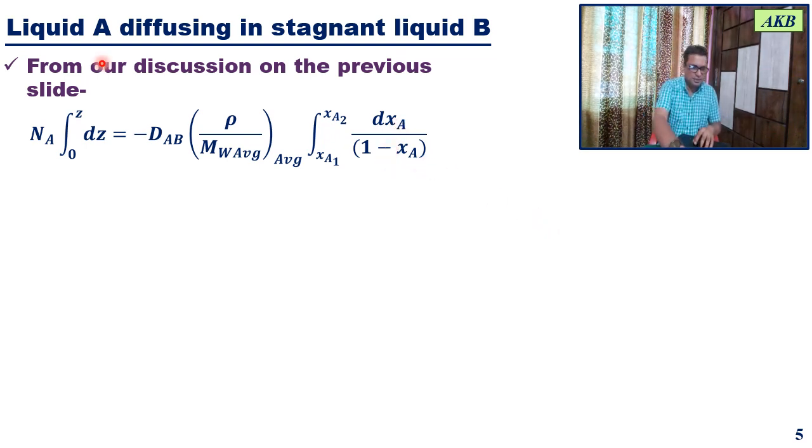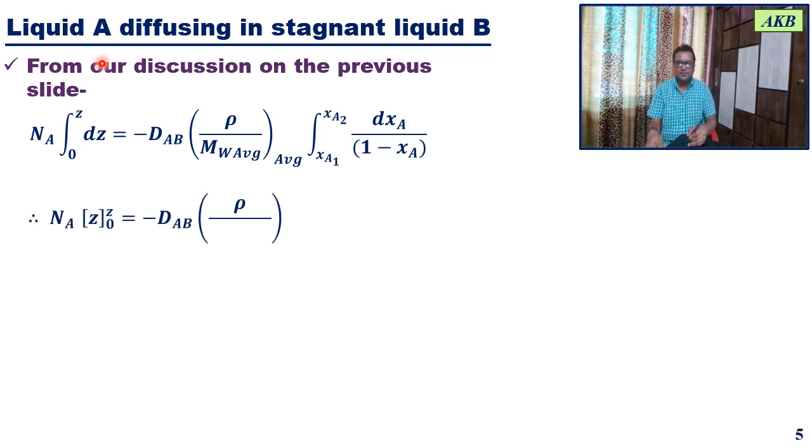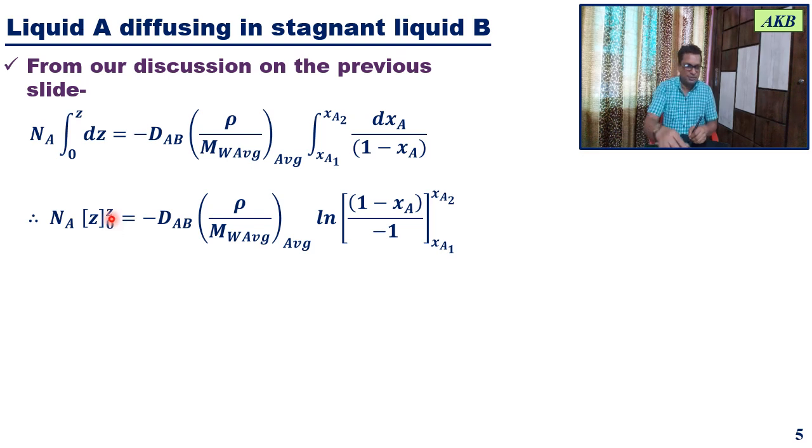Now in the next step we will integrate dz and then integrate 1 upon 1 minus xa. Integration of dz gives Na into z with these limits. We will be applying the limits in the next step.